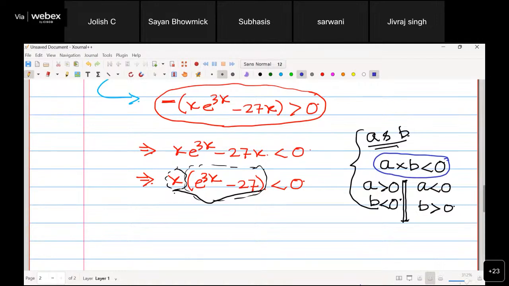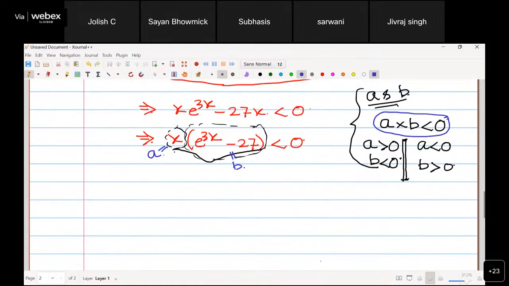So now same thing. Instead of a, I have x, and instead of b, I have e power 3x minus 27. Now the next thing is when this can be negative. Again I will get two different cases.